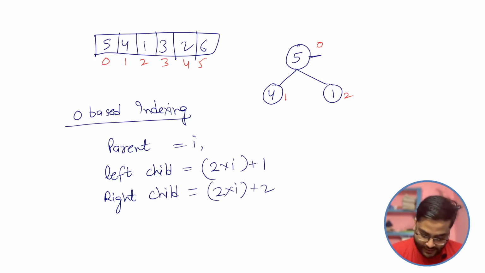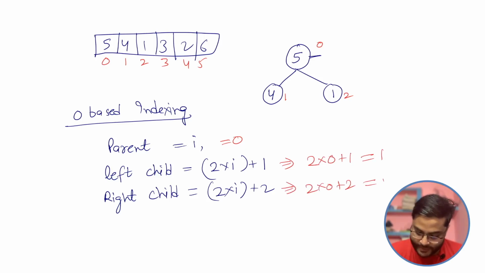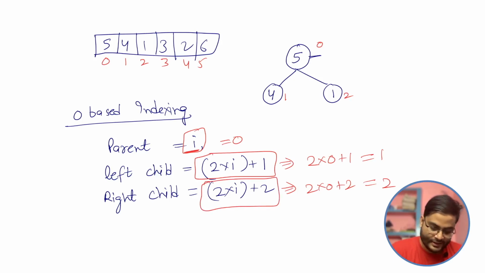So here our I is 0, so the left child will be at 2 into 0 plus 1, that is 1, and the right child will be at 2 into 0 plus 2, so that will be 2. Okay, so if our parent is at index I, our left child will be at index 2 into I plus 1, and our right child will be at 2 into I plus 2 for zero based indexing.